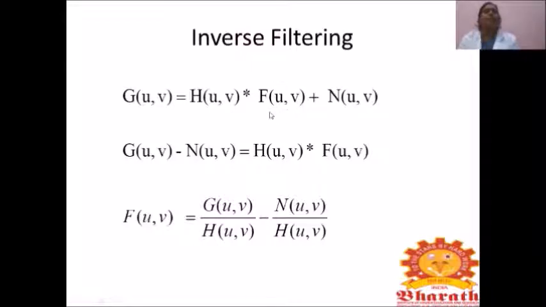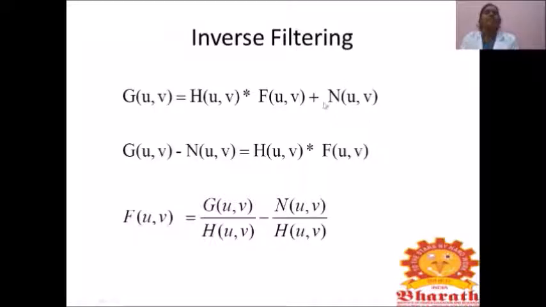F of u comma v is the original image, H of u comma v is the degradation function, G of u comma v is the degraded image, and N of u comma v is noise. Here we are going to find our original image.